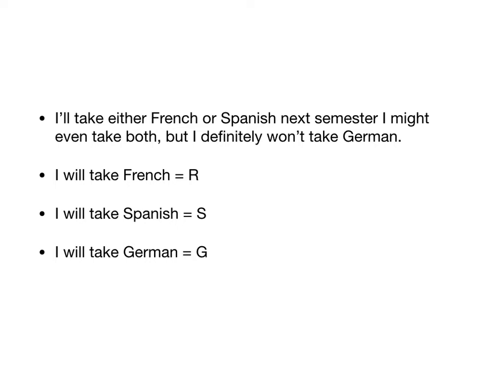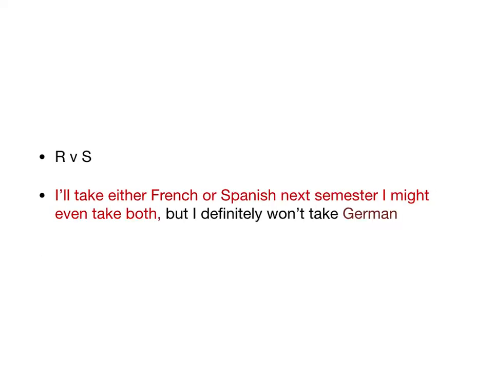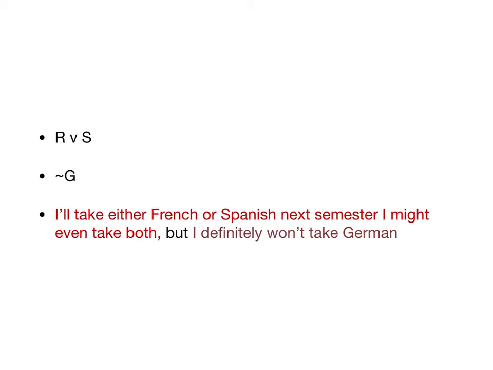Well, now we think about this first part of the sentence. I'll either take French or Spanish. I might even take both. Well, pretty clearly we have this R or S. R, V, S, right? So we've got the first part of the sentence down. But I definitely won't take German.